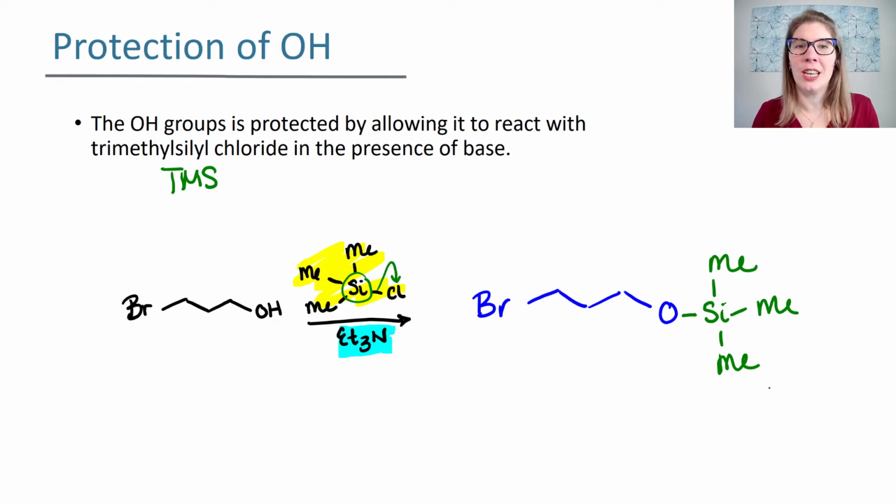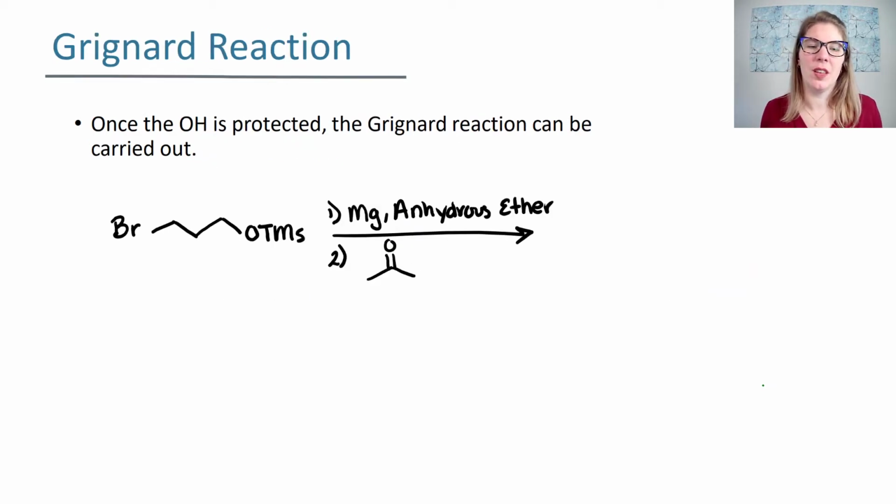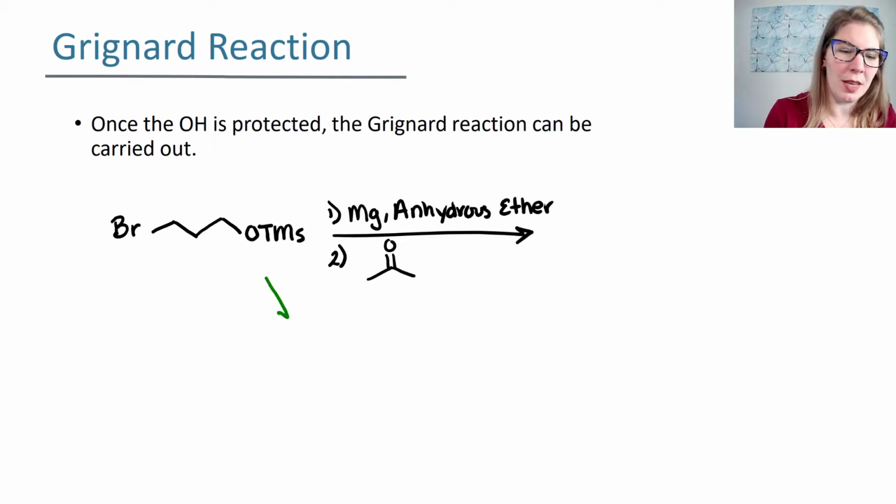Now that that OH is protected by hiding the hydrogen, we hid it by removing it, now we can carry out the Grignard reaction. The first thing that we're going to do in our Grignard reaction is make the Grignard reagent. So step one here would be to make the Grignard reagent by adding magnesium and anhydrous ether.